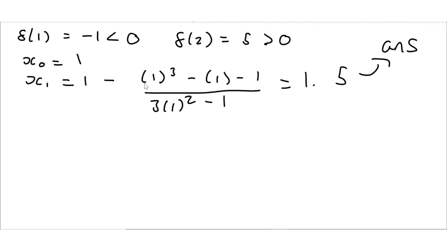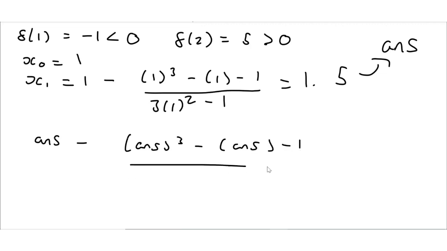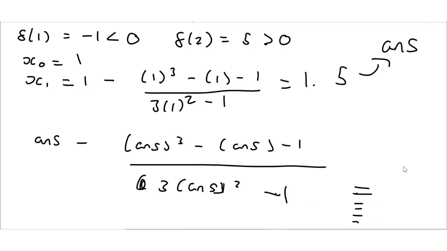Okay, so this is x_n, these in the brackets are all x_n terms, so we just type in Ans minus (Ans cubed minus Ans minus 1) over (3Ans squared minus 1), and then we just keep pressing the equal sign until we come out with maybe three values in a row that all have the same decimal places, and I end up with 1.324, and that's going to be my guess, 4 significant figures, 3 decimal places.